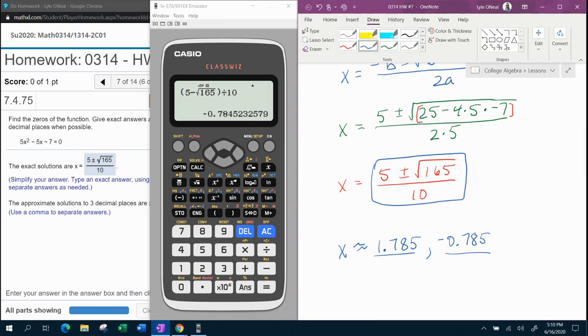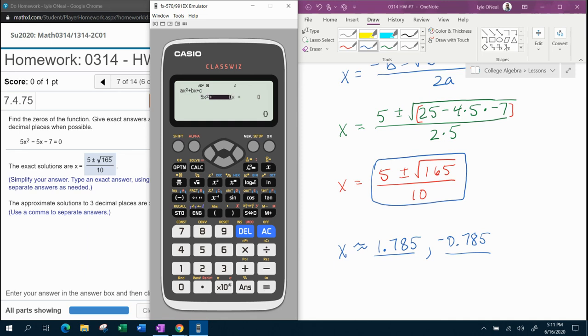Okay, one more thing before I input those into MyLab Math. Let's talk about the Casio Class Wiz and how amazing it is. If you go to the menu, scroll down to where it says equation/function and hit equals, we have a polynomial equation of degree 2 because it's quadratic, and we can input the coefficients. Notice the problem was in standard form already.